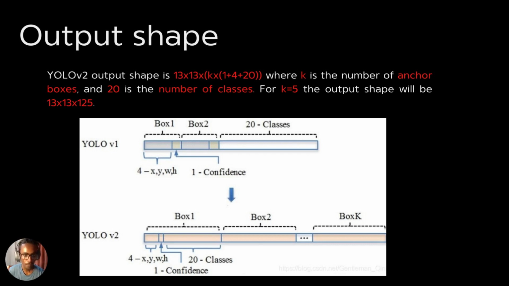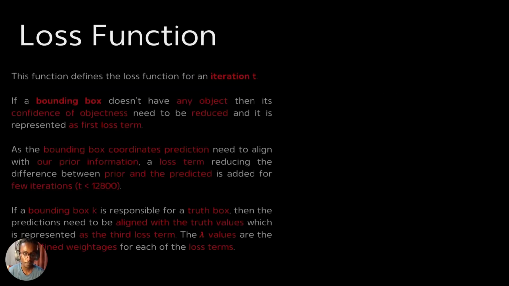And we have the confidence score, and we have 20 classes. So let's say we have 5 of these boxes. The total dimension will be 13 by 13, then 5 times 1 for the confidence score, 4 for the coordinates, and 20 for the number of classes. So in total, we have 13 by 13 by 125.